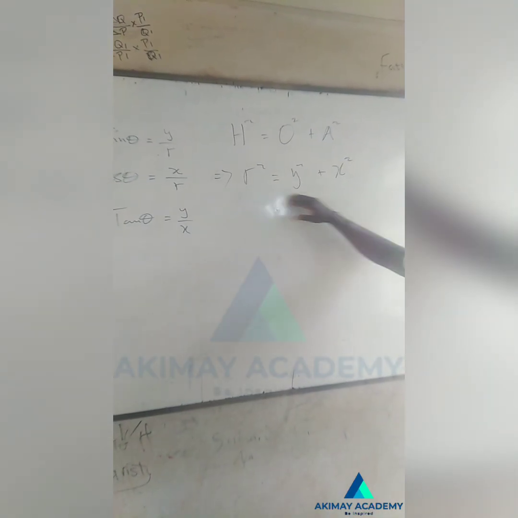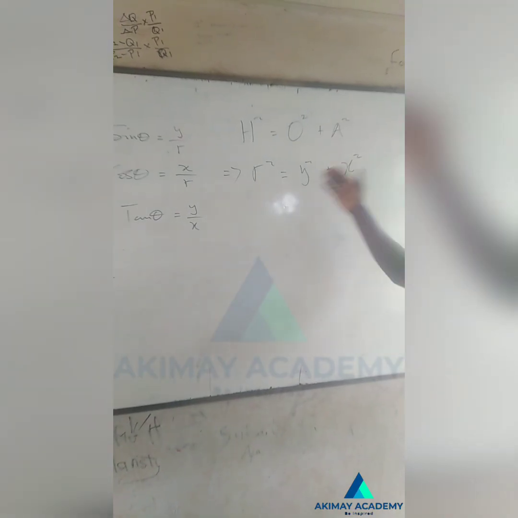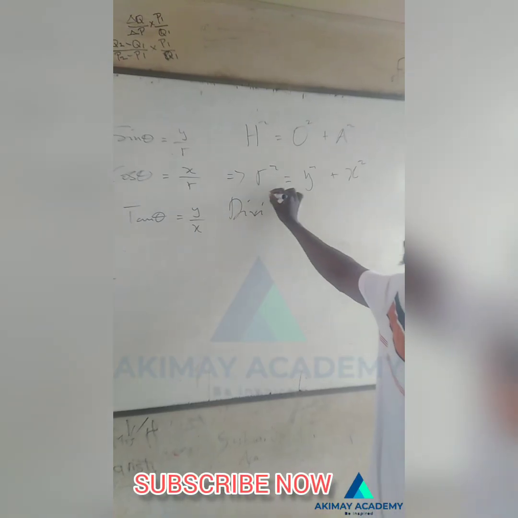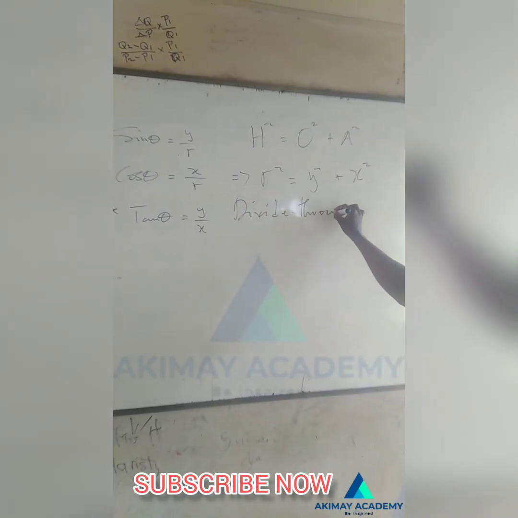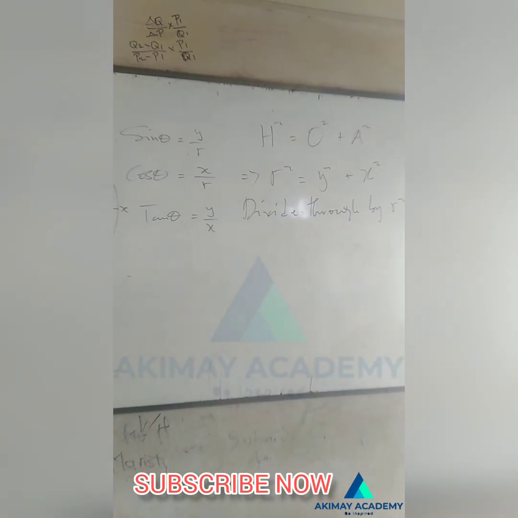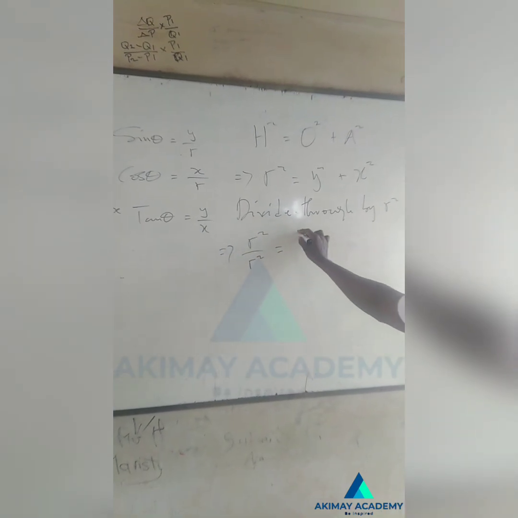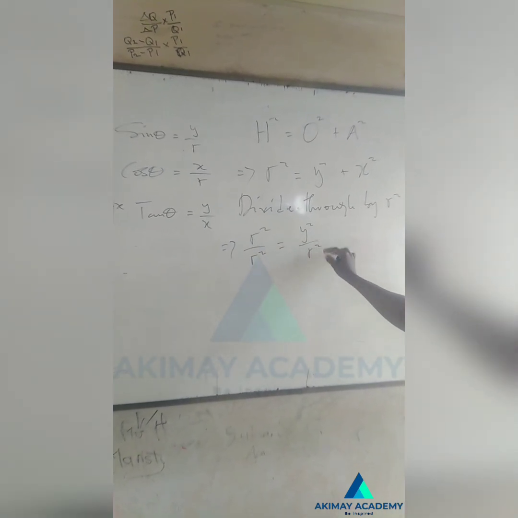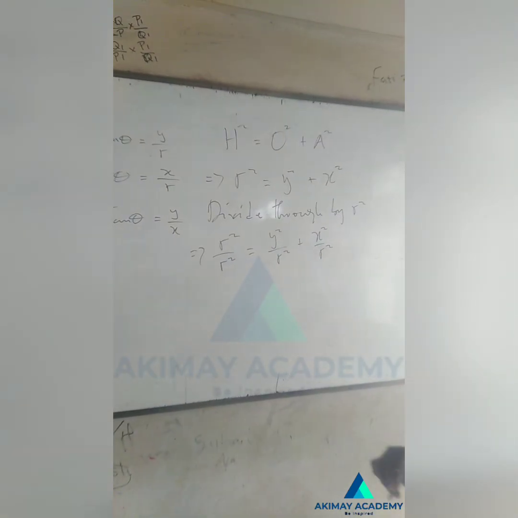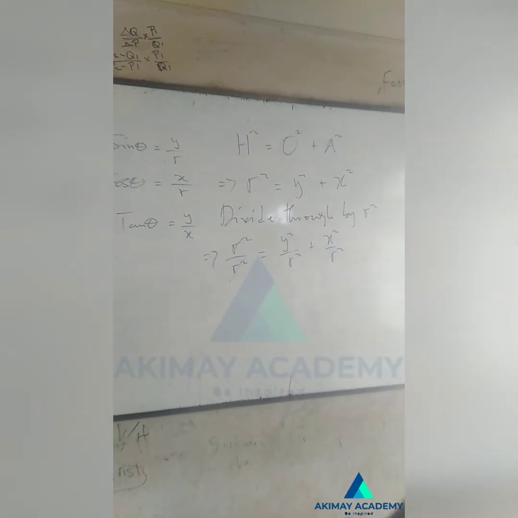From this equation, let's divide through by r squared. This is what we're going to have, and this is going to cancel this one off.